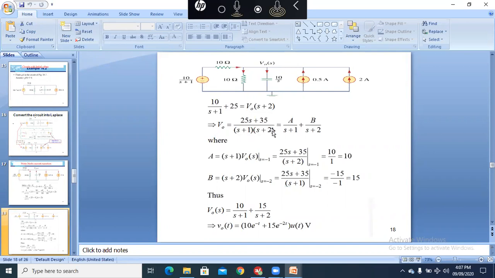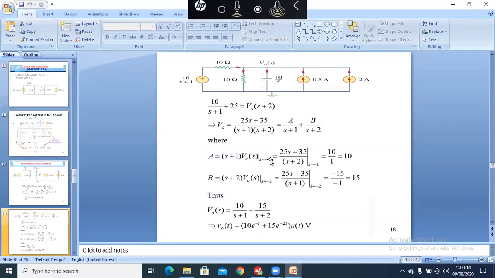Now you know that we cannot take the inverse Laplace transform unless we can separate the denominator terms. So this can be separated by partial fractions, A over s plus 1, B over s plus 2, and then we can apply the inverse Laplace transform.